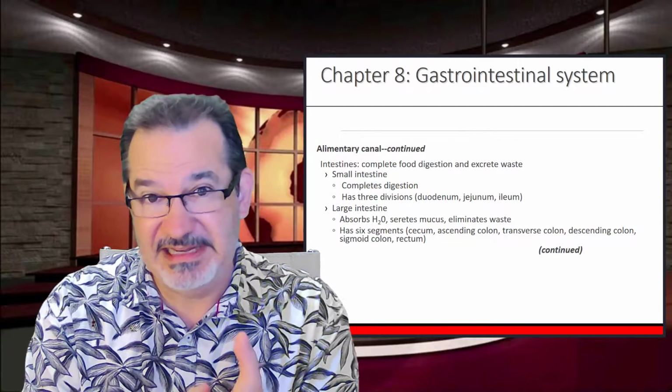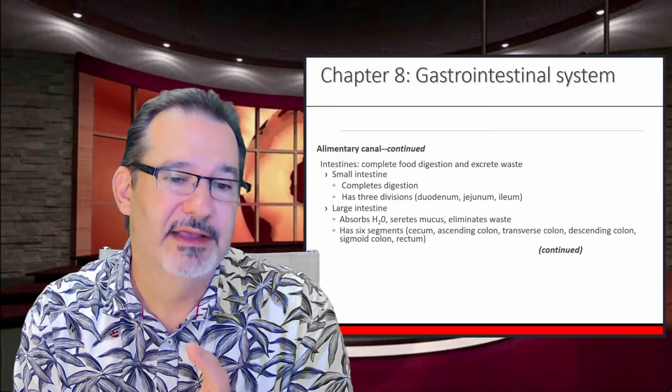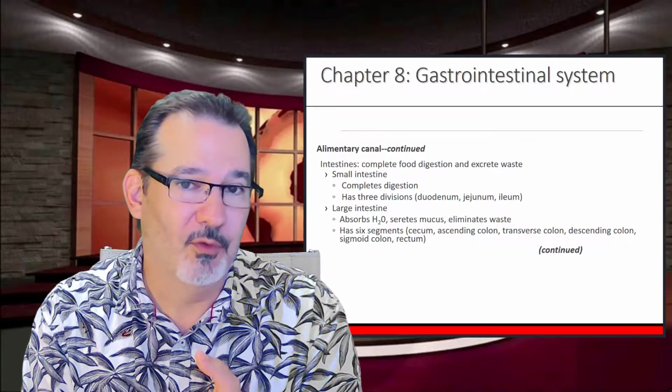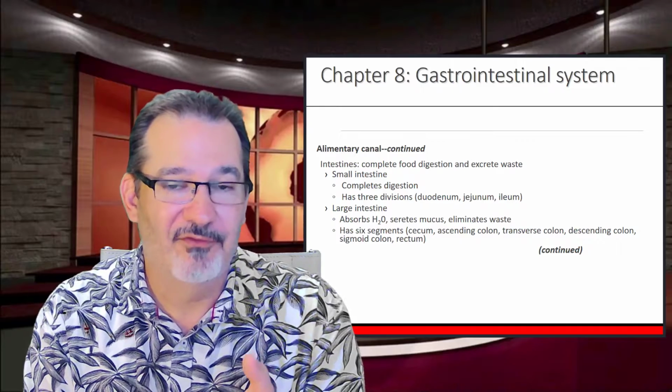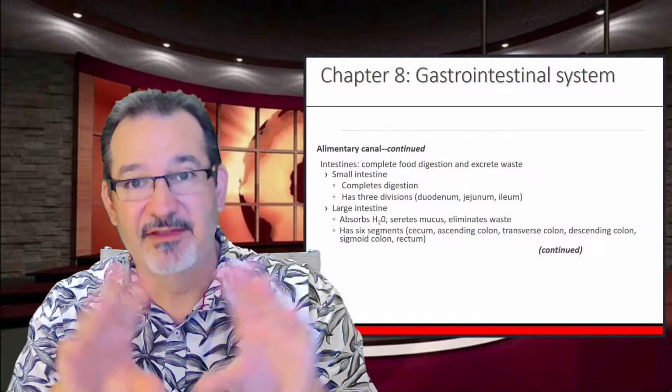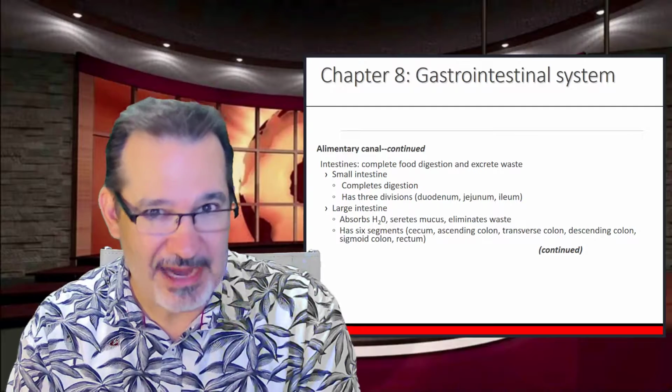Okay, so DE for descending colon, SI for sigmoid colon, and then RE for rectum, and that gives you that acronym CAT DESIRE.